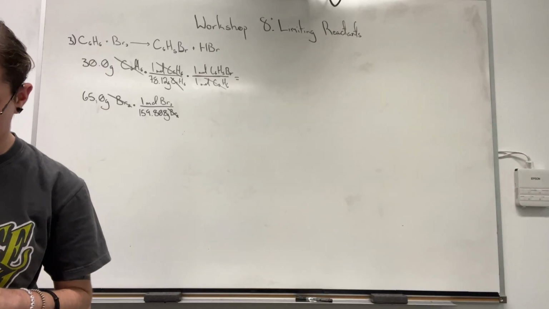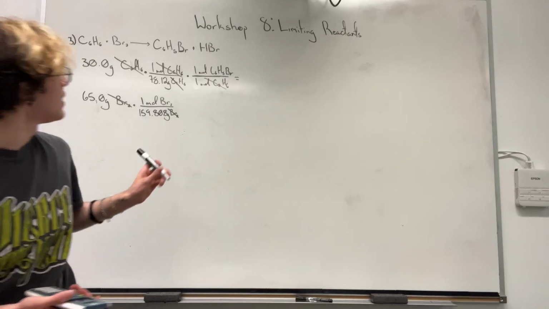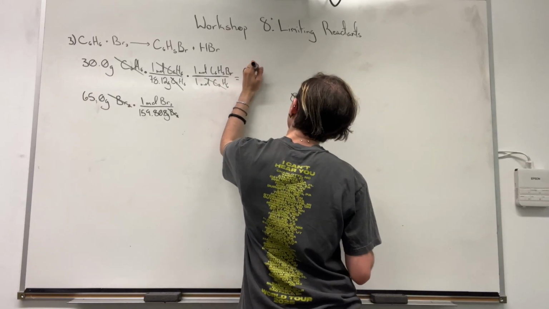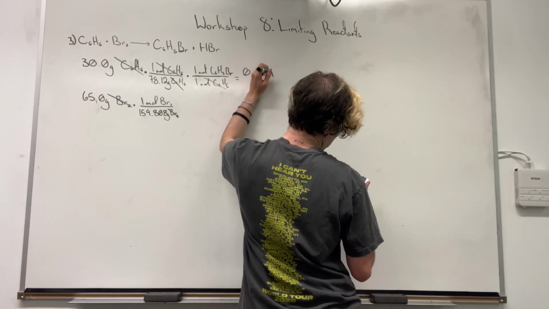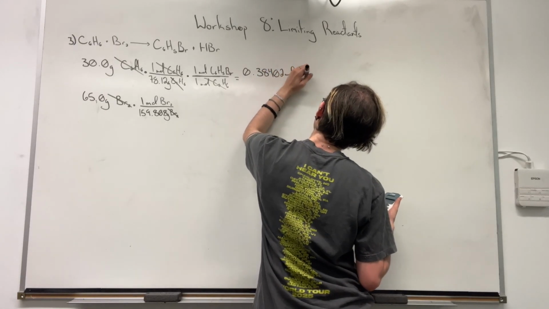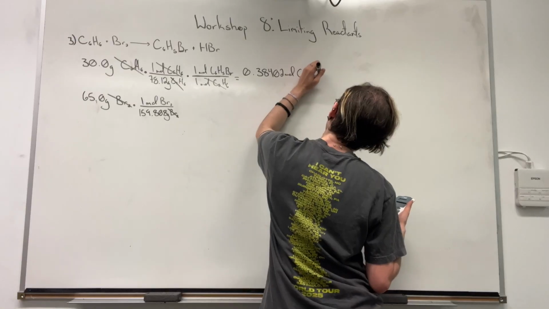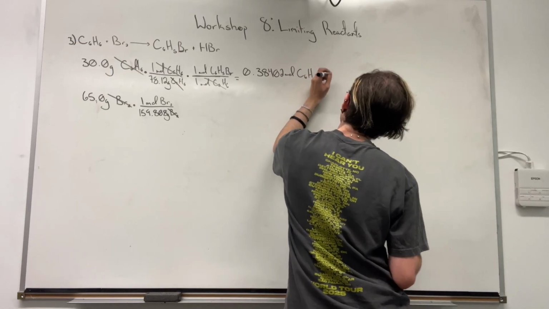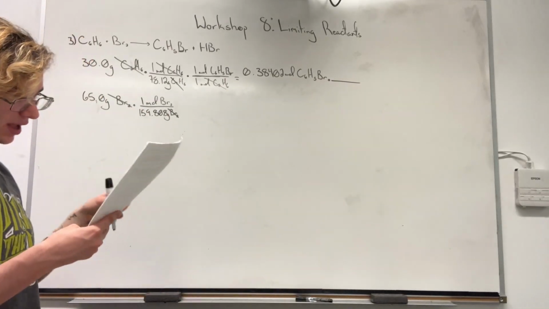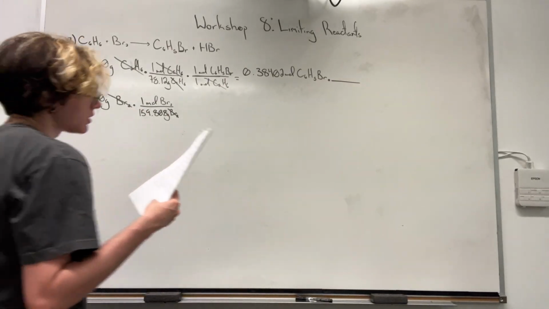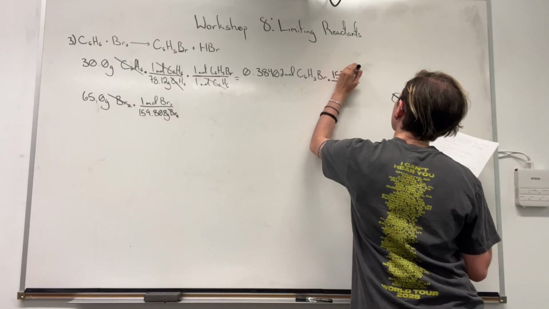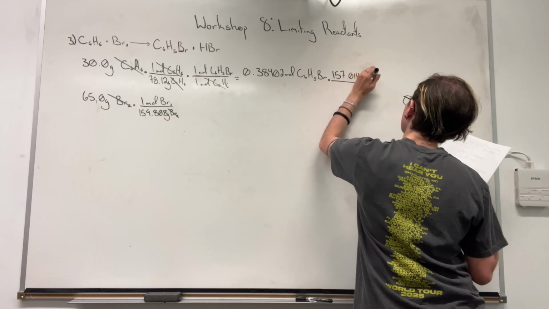30 divided by the 78.12. And so 30 grams of benzene is going to produce 0.38402 moles of bromobenzene. Converting moles to mass, the mass of bromobenzene, I have 157.014 grams.